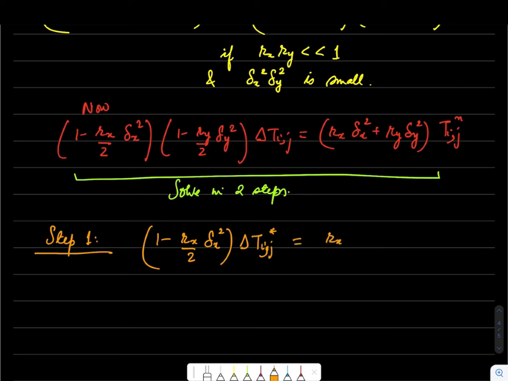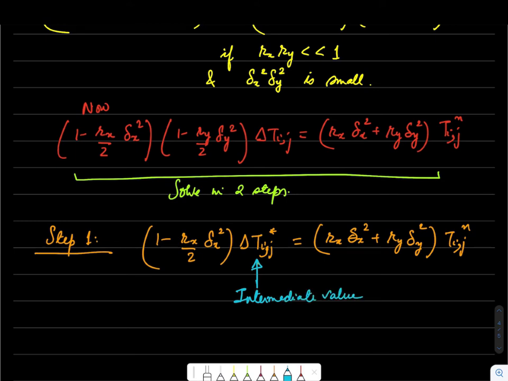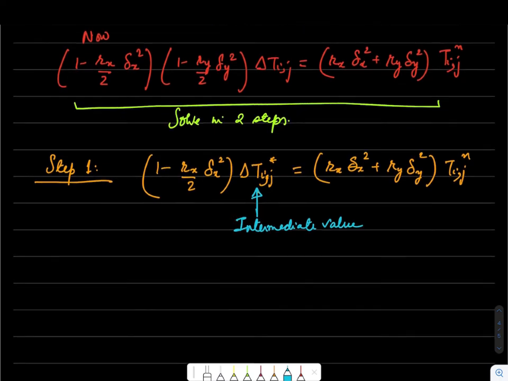This is equal to rx del x square plus ry del y square Tij n. So this is an intermediate value in my solution, not the final value that I need.